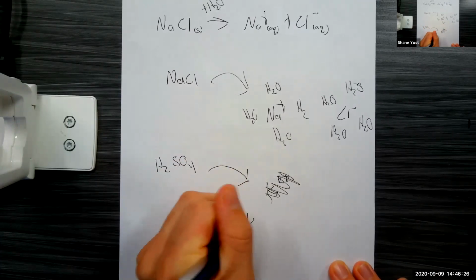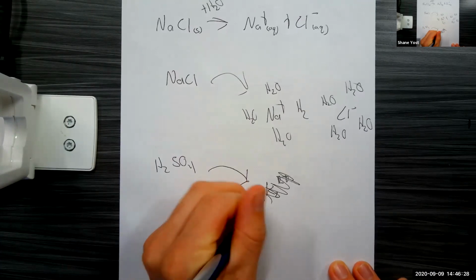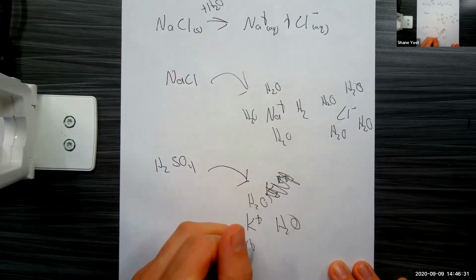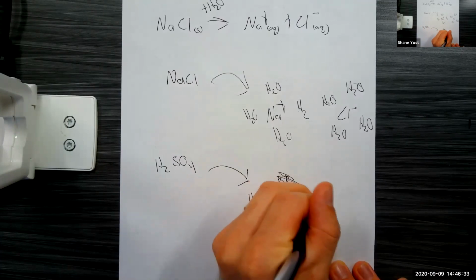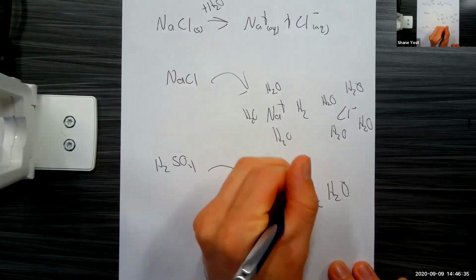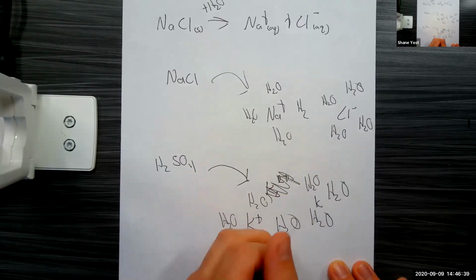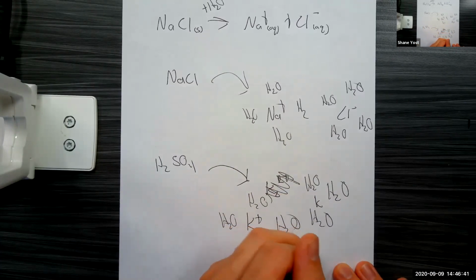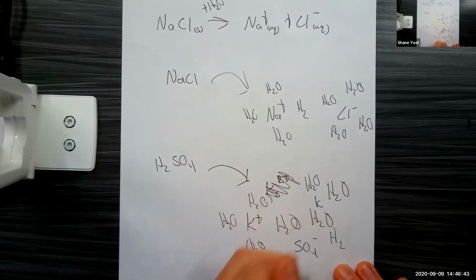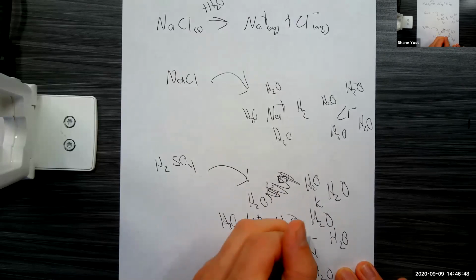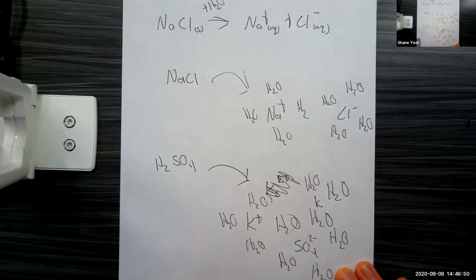What you'll get is a potassium ion surrounded by some waters in solution, another potassium ion surrounded by waters in solution, and then a sulfate ion, 2 minus, surrounded by waters in solution, right?